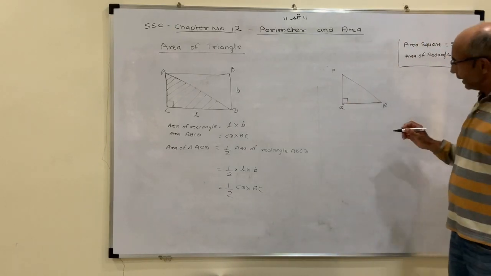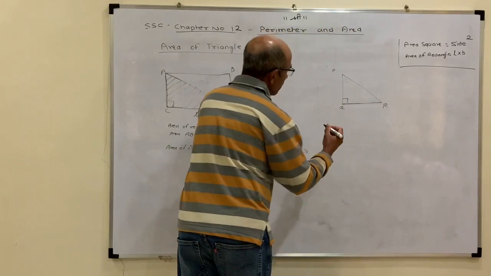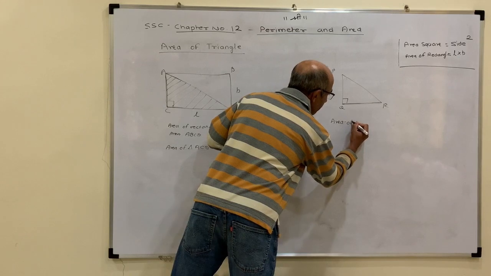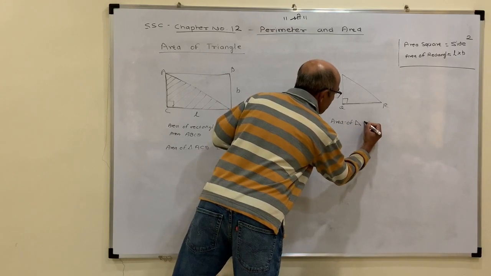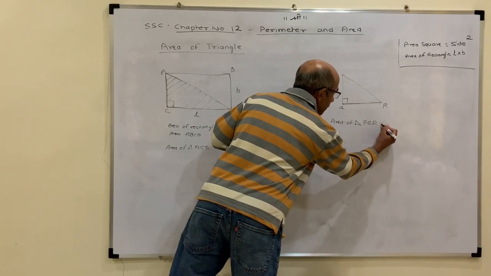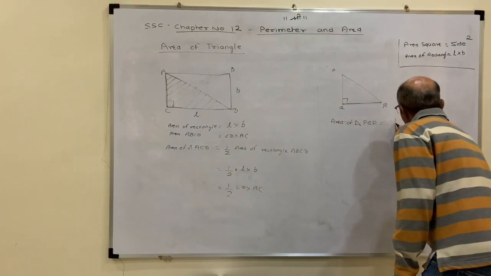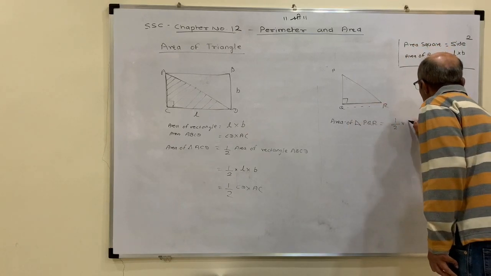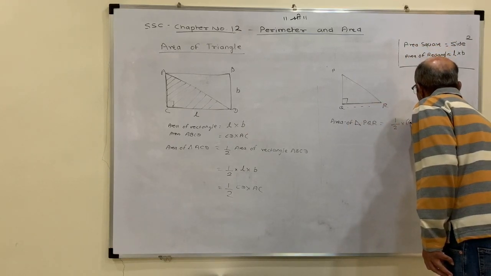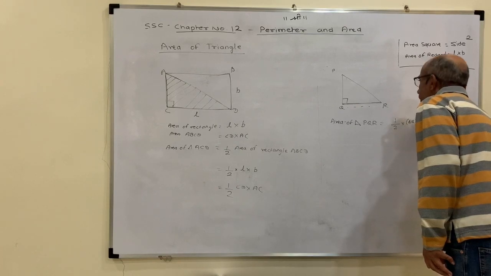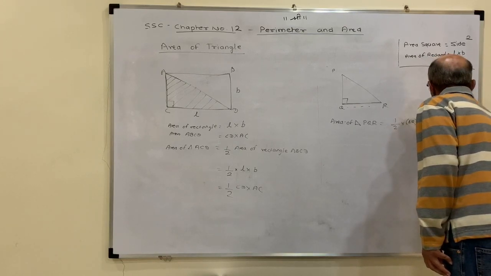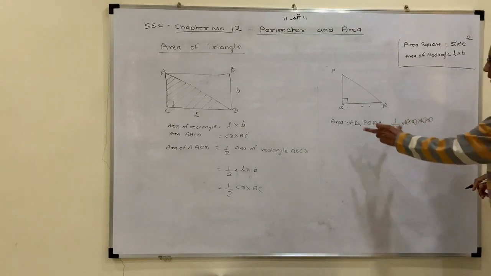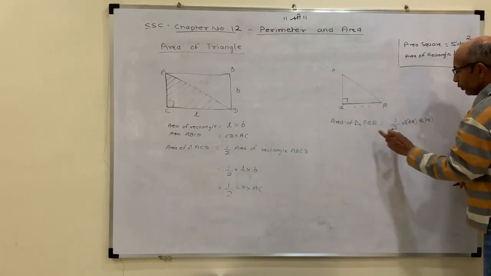So now area of triangle PQR equals half of base, that is QR, into length PQ.